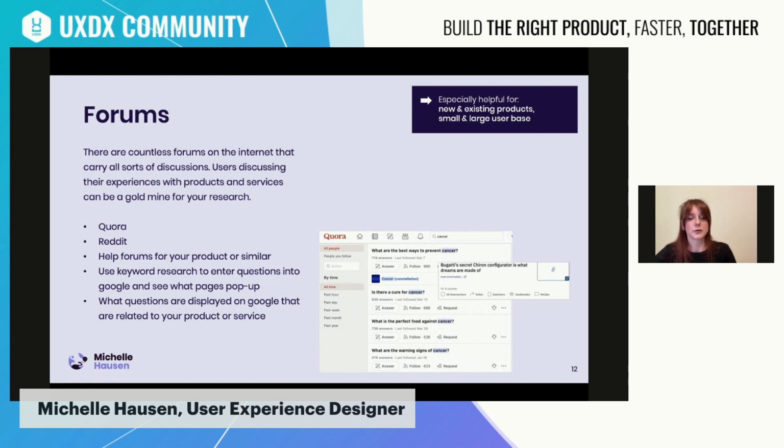Using all the forums, we found out that there's a Bugatti configurator out there that people were super excited about, and it wasn't even clear if it was from Bugatti themselves. So that was an opportunity that opened up where Bugatti could think about introducing that kind of configurator to tailor their service more to their fans.